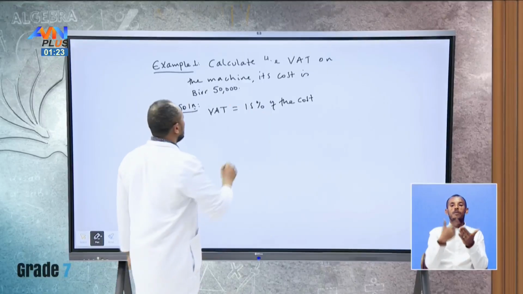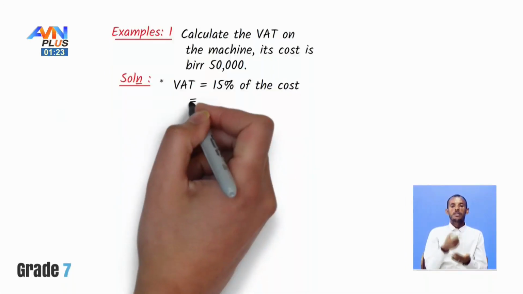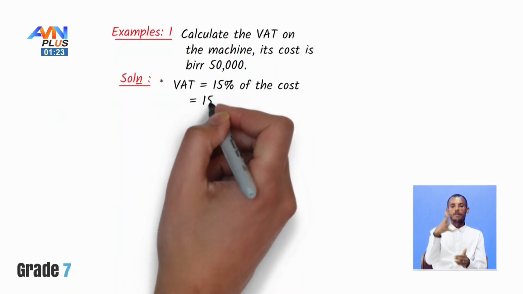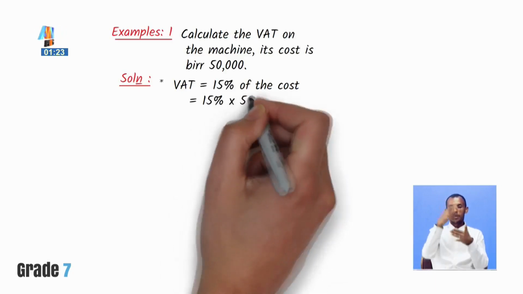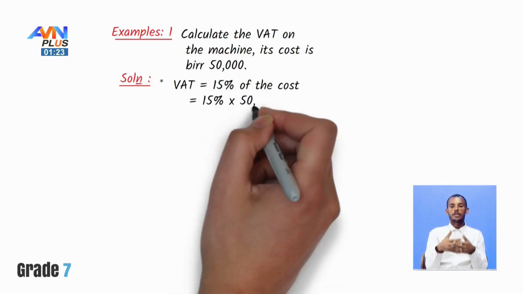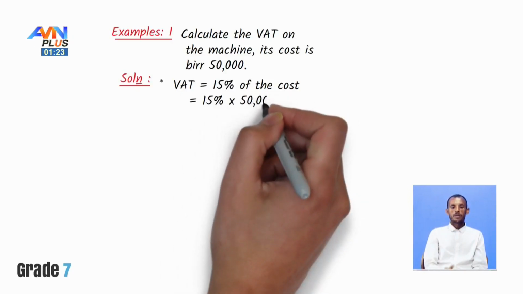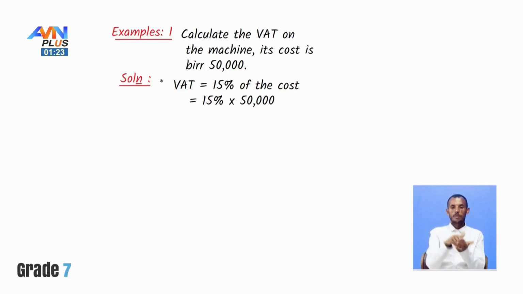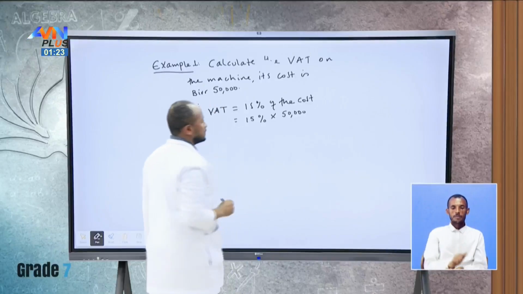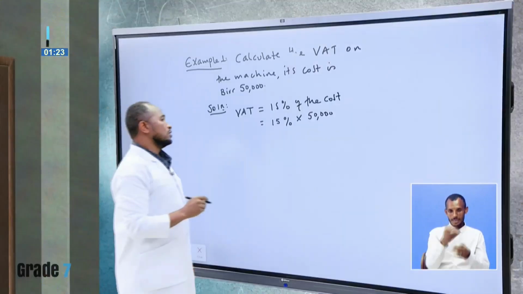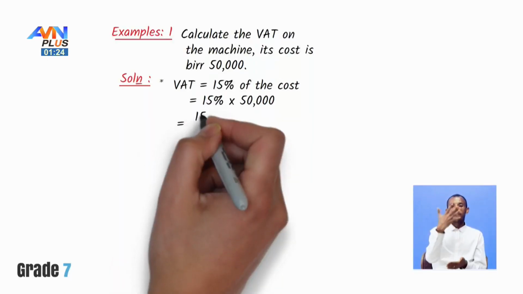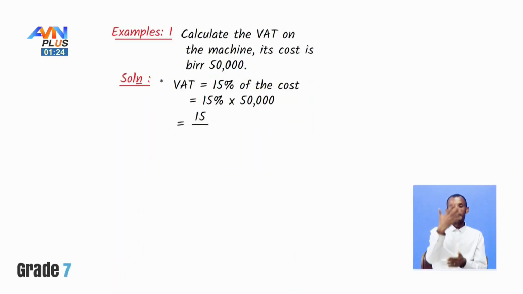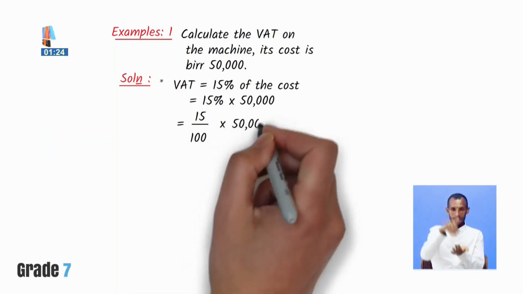Here, this is equal to 15% times the cost of the machine, 50,000. So 50,000 times 15%. 15% means 15 over 100 times 50,000.